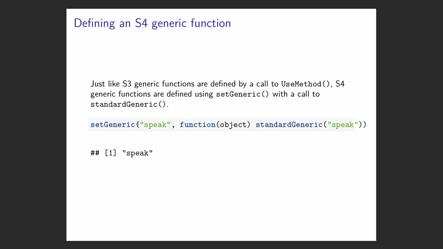That should include standardGeneric at some point. And standardGeneric will also have the name of whatever our generic function is going to be. So we call setGeneric. We want to create a generic function called speak. That generic function is going to be a call to standardGeneric on this speak generic function.